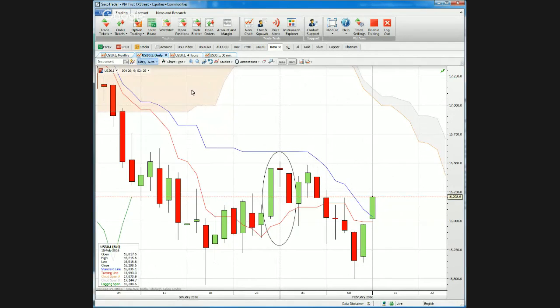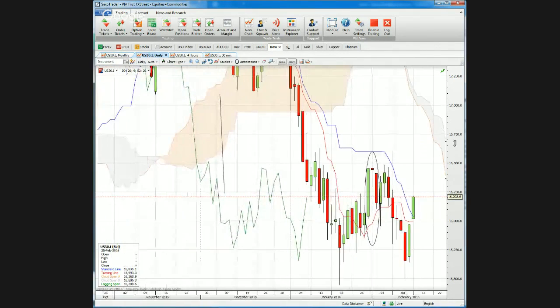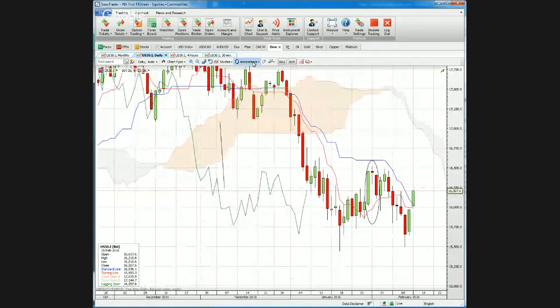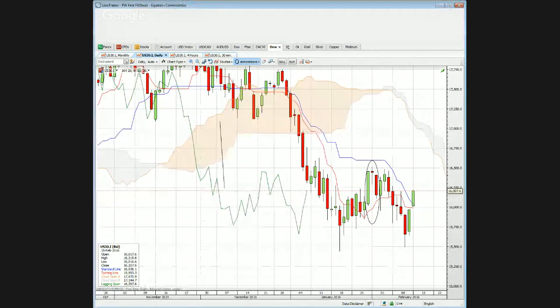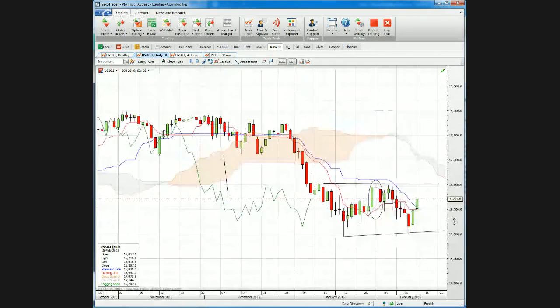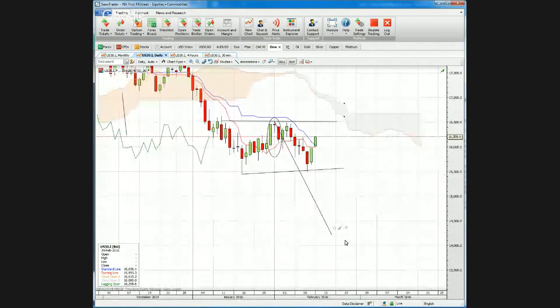Medium term bias is still bearish. We would still consider possibly forming a flag pennant formation with eyes on a move lower.